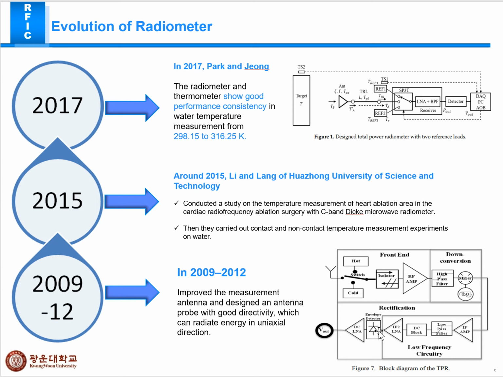Then the antenna envelope detector will give output to the DC LNA, and then the voltage output is obtained, and when the refraction section goes in that, it has been divided into a lower frequency circuitry and other parts also. So this was done in 2009 to 2012.